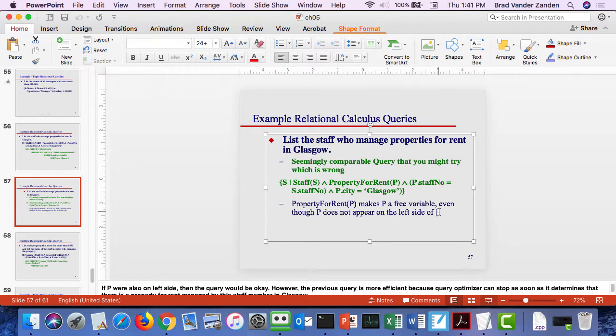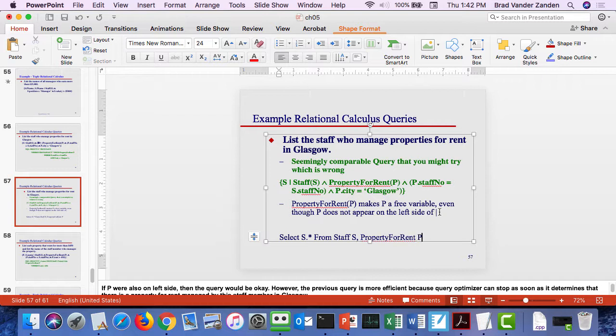Okay, seemingly this could be translated as select S dot star from staff S, natural join, or just actually do the straight out from staff S, property for rent P, where P dot city equals Glasgow, and P dot staff number equals S dot staff number.